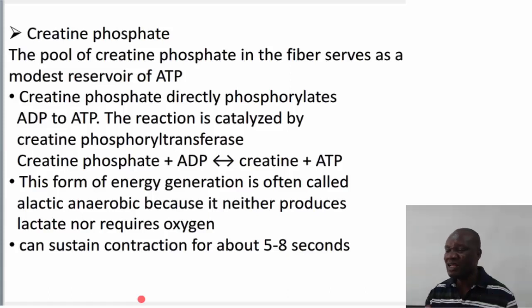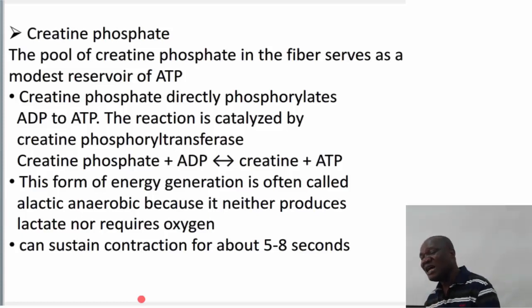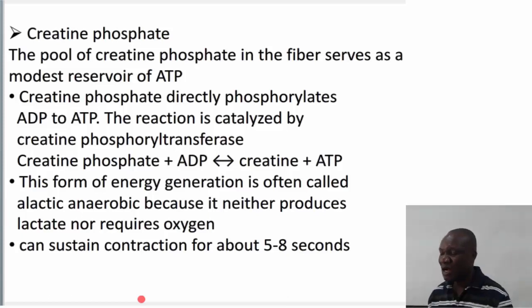So you have creatine phosphate plus ADP giving creatine and ATP, and the ATP will be utilized for muscular activity. It's the most ready source of energy in the muscle. But the energy generated from creatine phosphate is low.